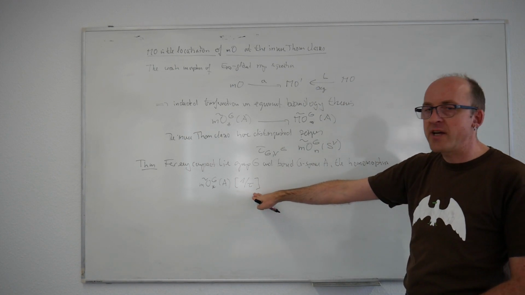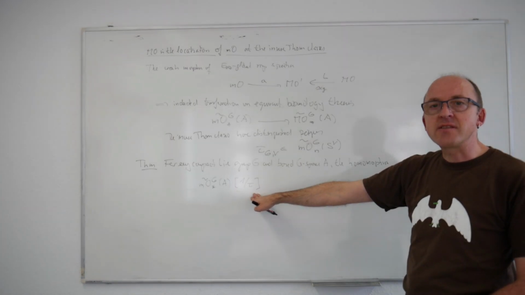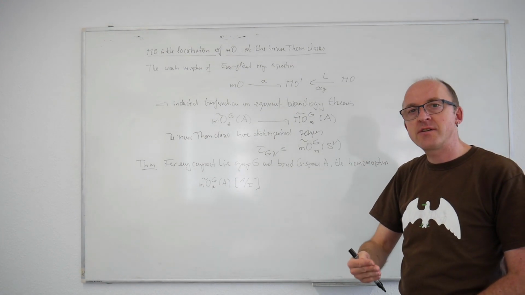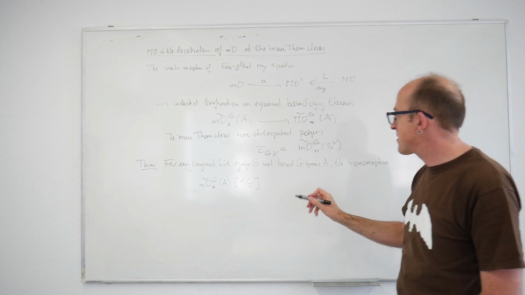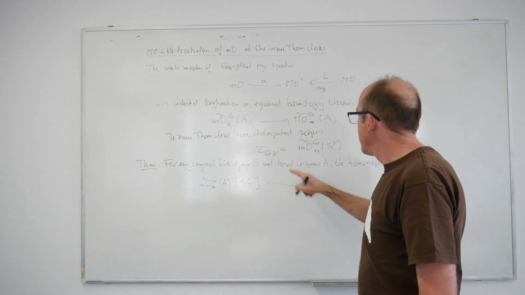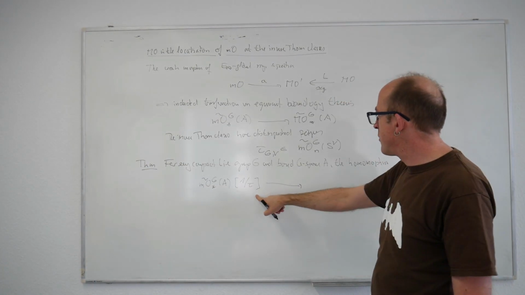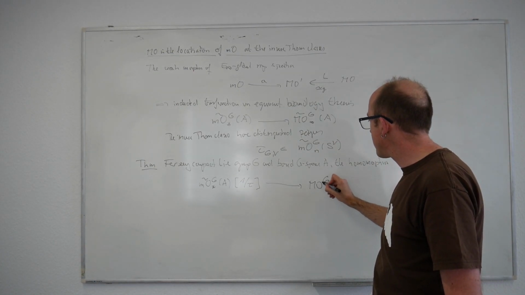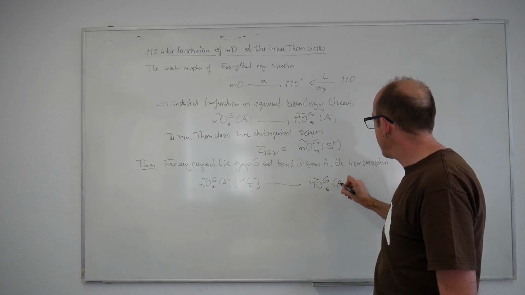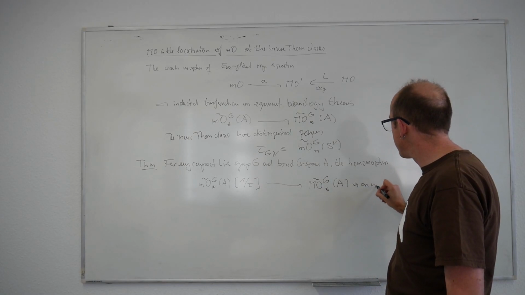Let me use the abbreviated notation for this. So this means a colimit over all finite dimensional subrepresentations of the complete universe, and then you always multiply by the inverse Thom class. This transformation extends over the localization because the Thom classes are invertible here, and this goes to MO star G equivariant of A, and this is an isomorphism.